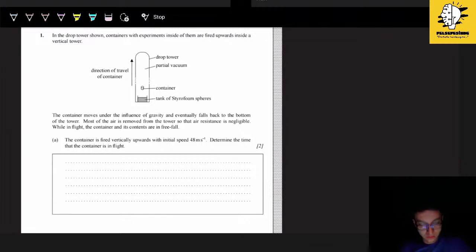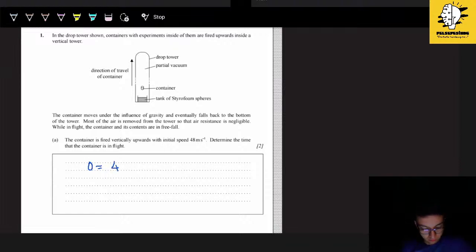Okay, and it's asking: the container is fired vertically upwards with initial speed 48, and determine the time that the container is in flight. Okay, I think it's a pretty easy question, a kinematics question. Let's write our answers. So I think we should use the data booklet here, and in the data booklet, this equation is given. Let's write the equation.